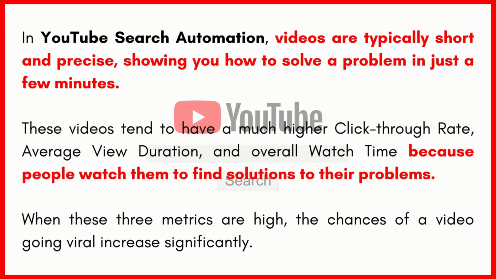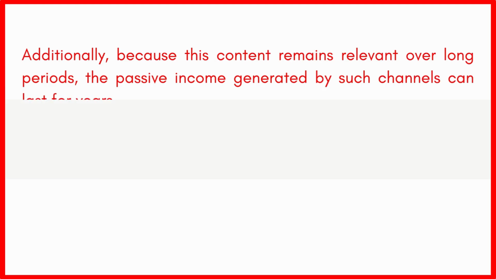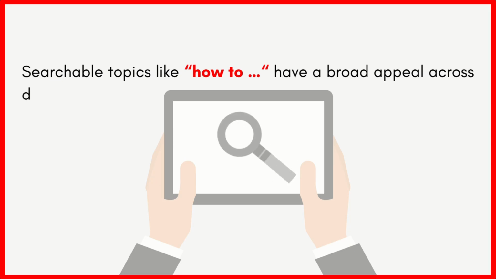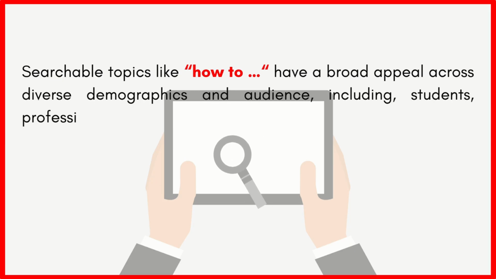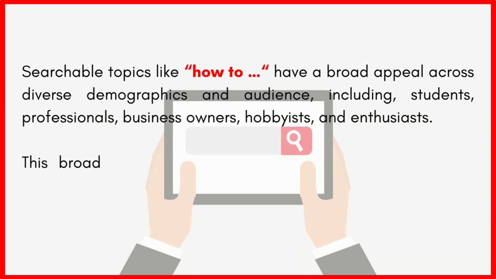When these three metrics are high, the chances of a video going viral increase significantly. Additionally, because this content remains relevant over longer periods, the passive income generated by such channels can last for years. Searchable topics like how to have a broad appeal across diverse demographics and audience, including students, professionals, business owners, hobbyists, and enthusiasts.